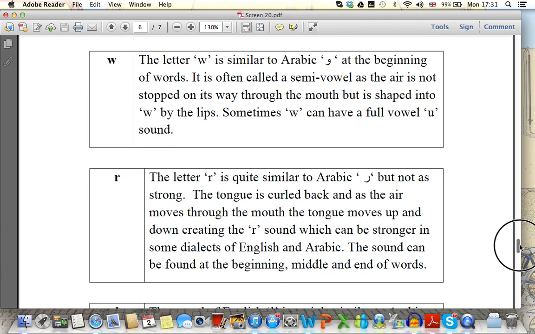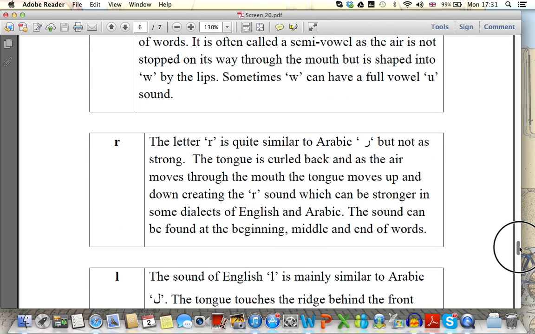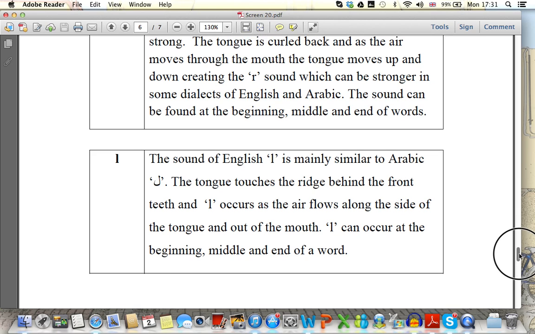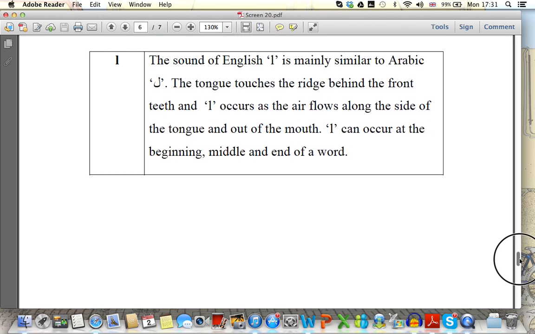The letter R is quite similar to Arabic ra, but it's not as strong. And we find R at the beginning, middle, and end of words. L is also somewhat similar to the Arabic lam, and it is probably not pronounced as strongly as lam in Arabic.